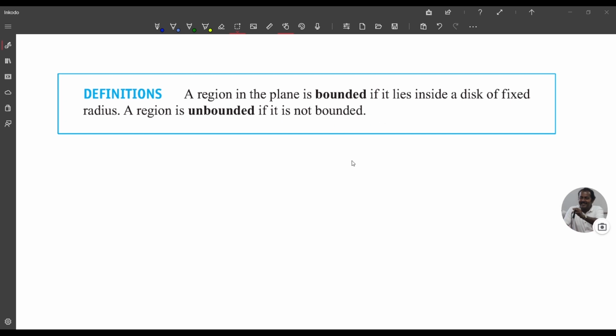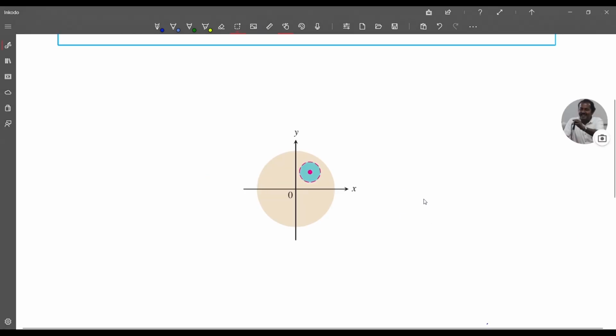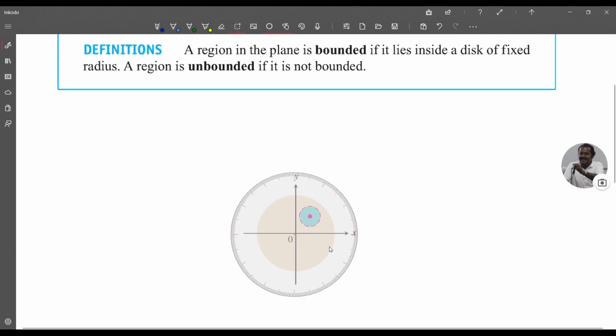You can see an example. Consider the previous example, the unit disk. From the previous example, you can see that it is a region, an open region. Now you can enclose this region R inside a disk of radius greater than 1. So for example, you can consider a disk of fixed radius.